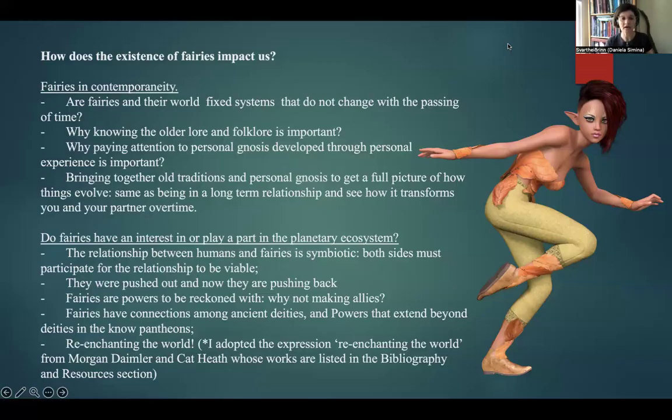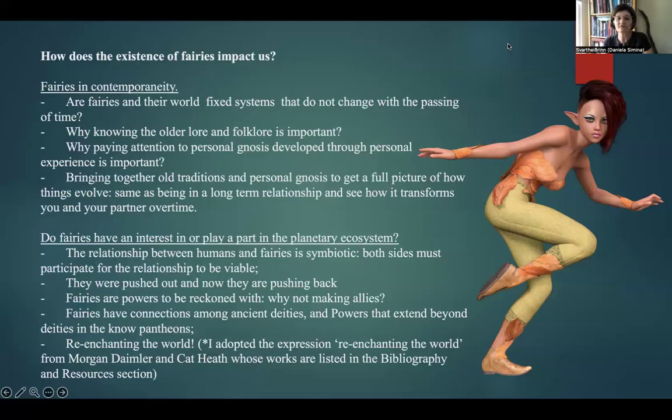So why not make allies? Grandma was right. Let's make allies. Fairies have connections among ancient deities. So wherever your beliefs are, if you're on good terms with fairies, that may ingratiate you to other powers as well.